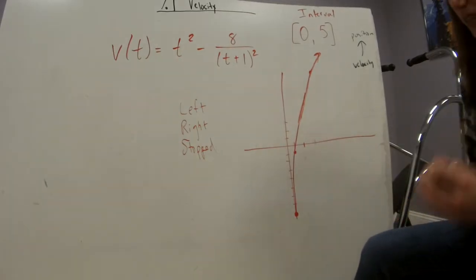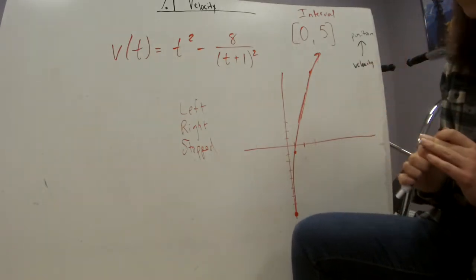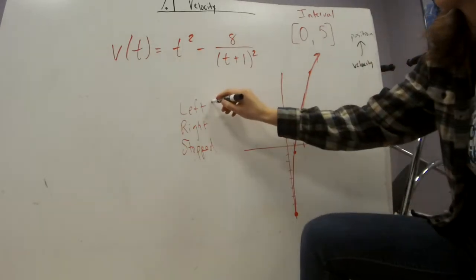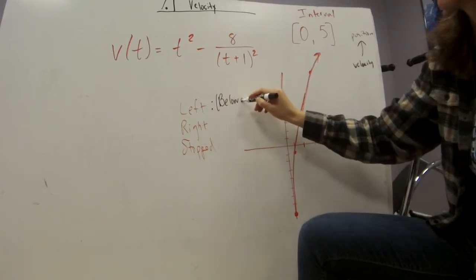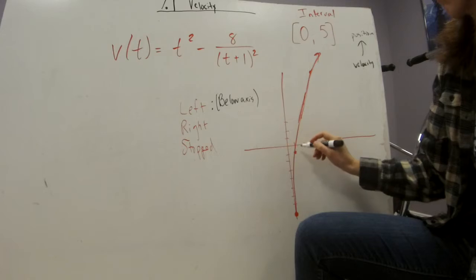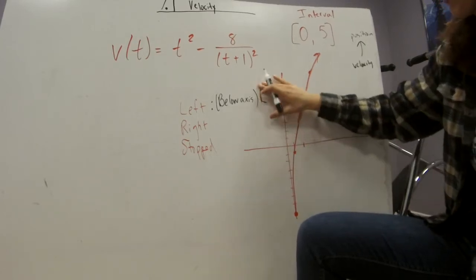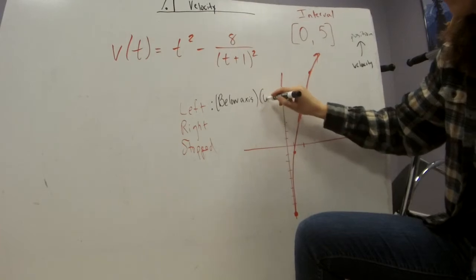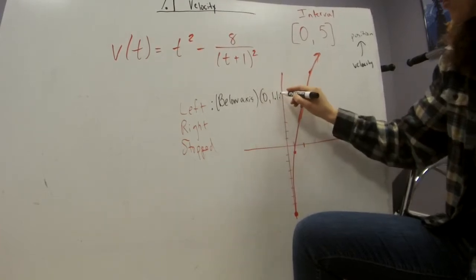Well, remember with velocity graphs, things are moving to the left when it's below the axis. So in this case, that would be from 0 to, who knows what that is, let's estimate. We should probably use parentheses. From 0 to 1-ish.